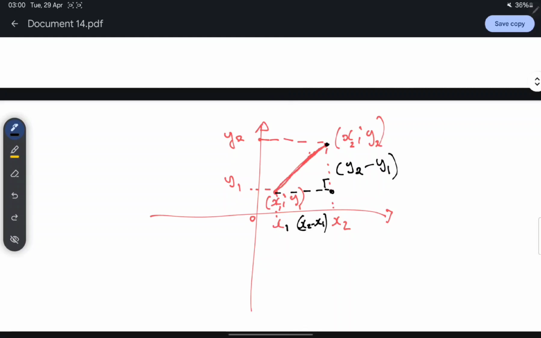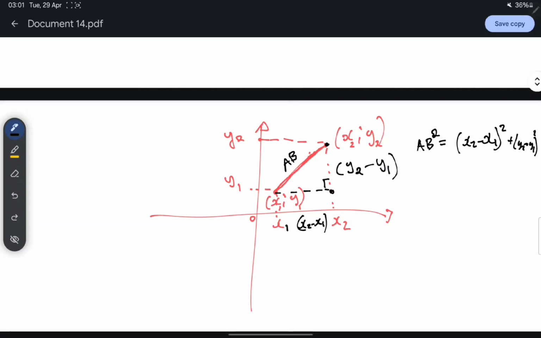Let's say my other distance here is AB. How can I find the distance of AB? According to Pythagoras theorem, the distance of AB squared is equal to this distance and this distance squared. So it is equal to x2 minus x1 squared plus y2 minus y1 squared.